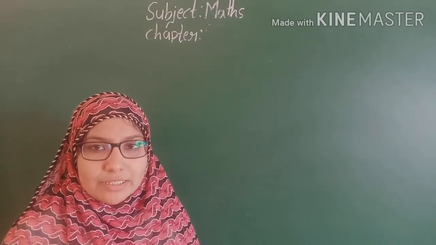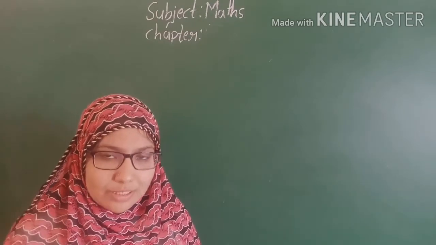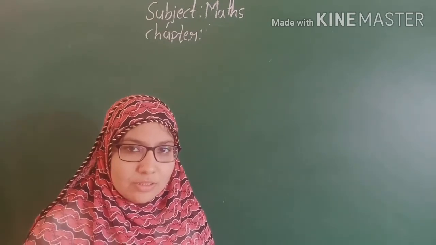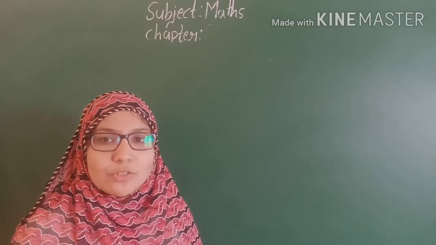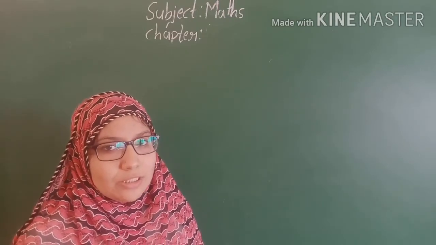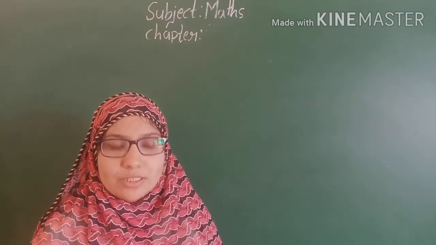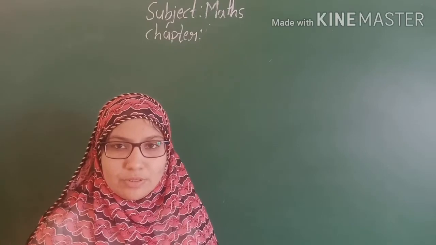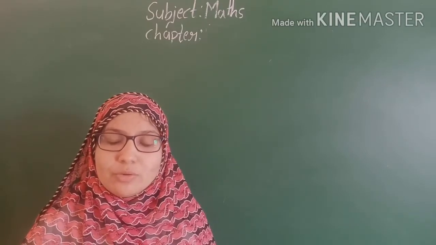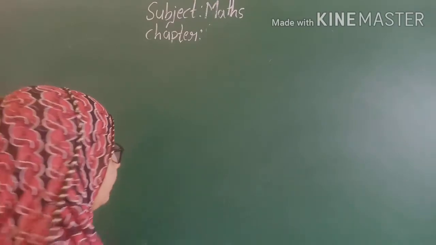Here, first, second, third, fourth, fifth, sixth show the position of the object or things, the position of the children. This type of numbers we call ordinal numbers. So children, today we are going to learn more about ordinal numbers.